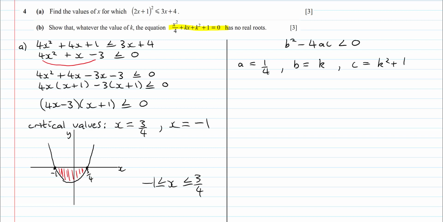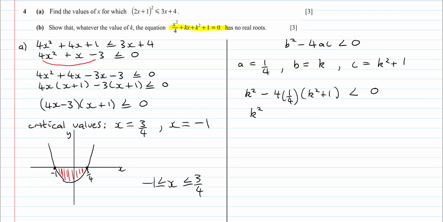So working this out, b squared is just going to be k squared, and then minus 4 times a times c. So it's going to be 4 times a quarter times (k squared plus 1), and we need that less than 0. Simplifying that left-hand side, 4 times 1 over 4 is just 1.